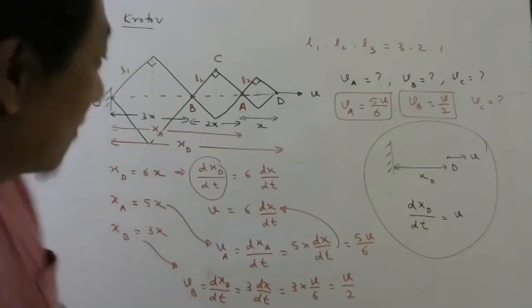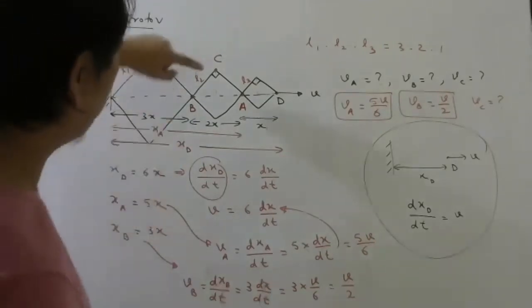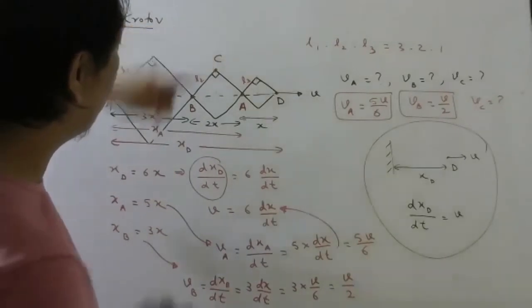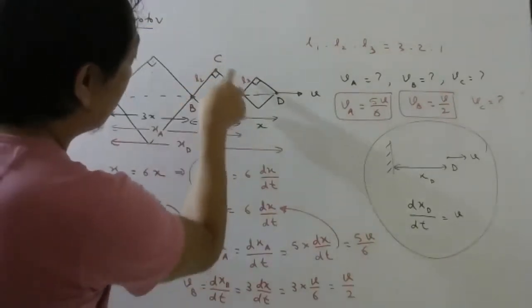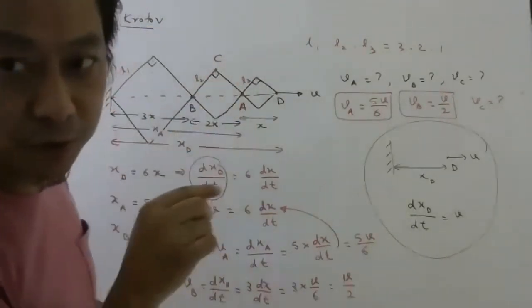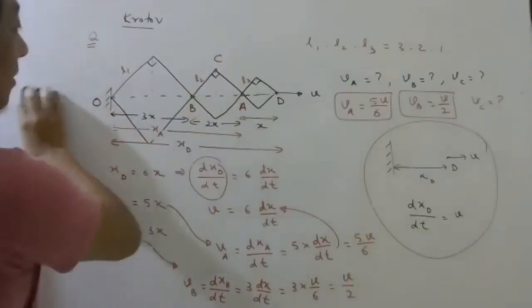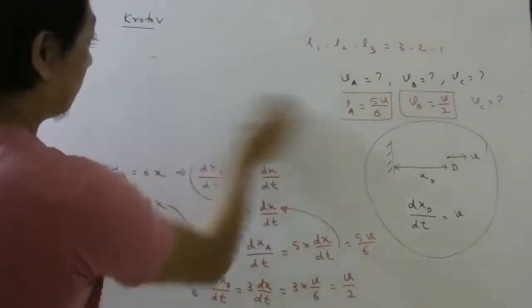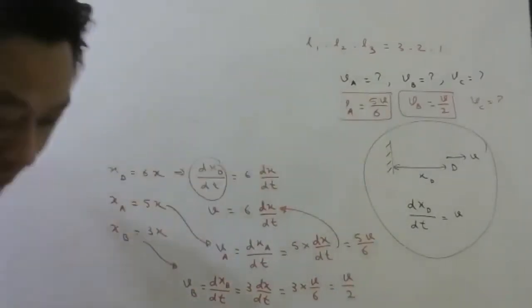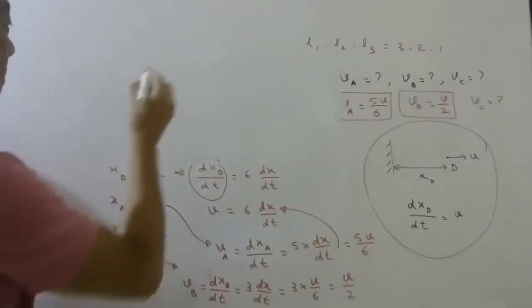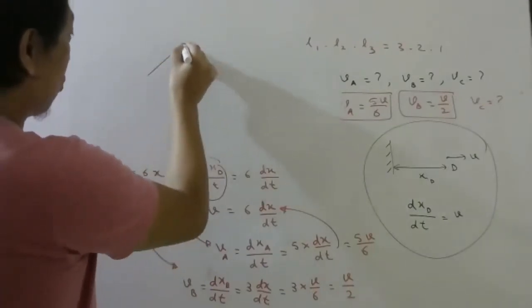Done? Okay. So now we have to find the velocity of this point. So let us concentrate only on this part. See, that is why Kroto first told you to find the velocity of these two. So now let me concentrate on the middle square.